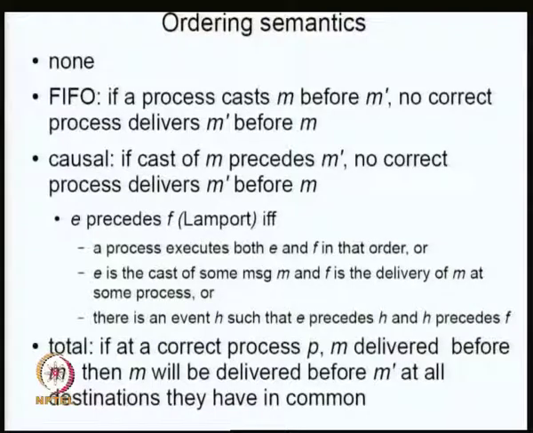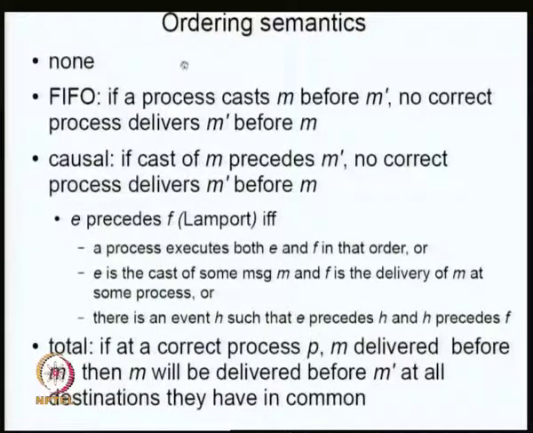In the previous class, we were looking at aspects relating to virtual synchrony, and we were trying to figure out how to order failure events with respect to other events in the system. Now, I briefly started looking at ordering semantics with respect to messages last time.